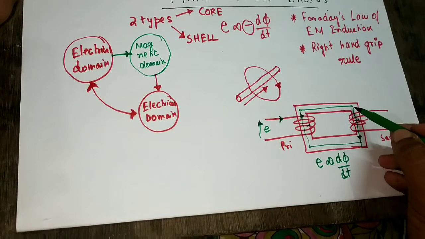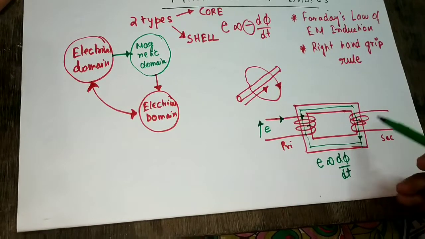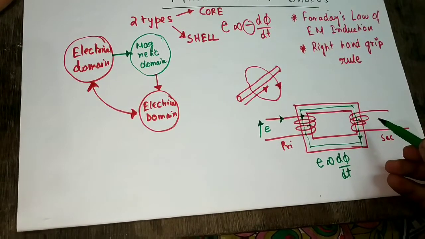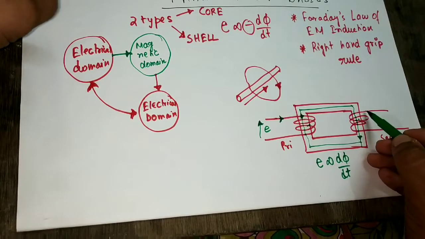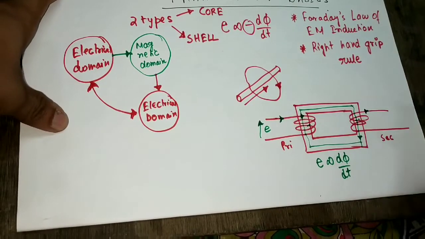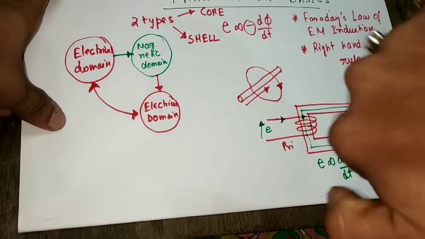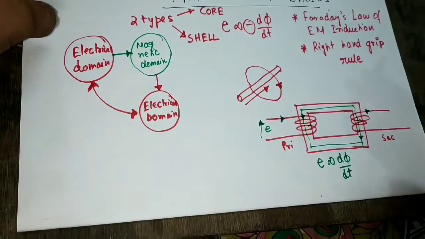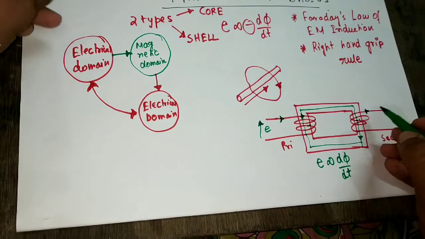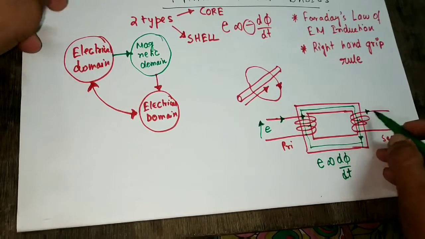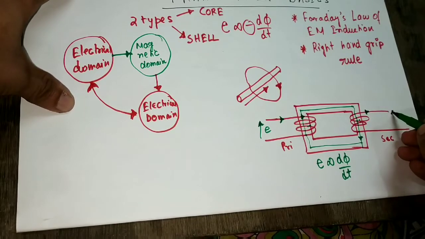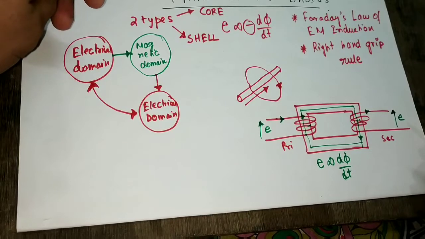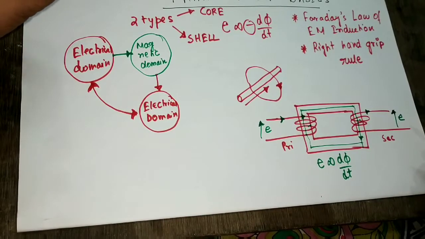You can see as the flux is flowing in this direction, according to the right hand grip rule, the current and EMF will be induced, and the current will flow in this direction in the secondary circuit. We can find an EMF which is generated in the secondary circuit by the law of electromagnetic induction.